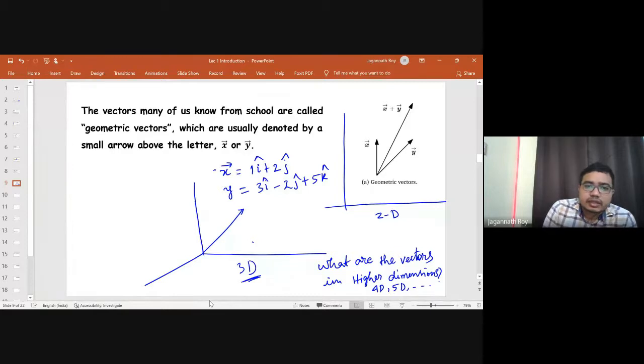In physics, a vector always has magnitude and direction. But in mathematics, because we have to study higher dimension cases, we have to use an abstract sense.